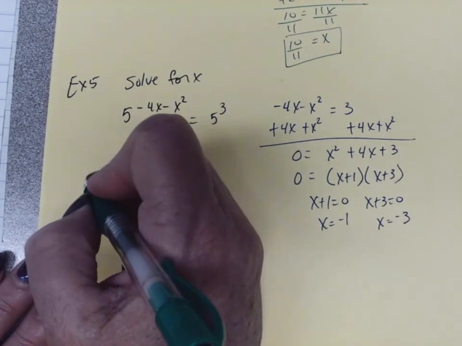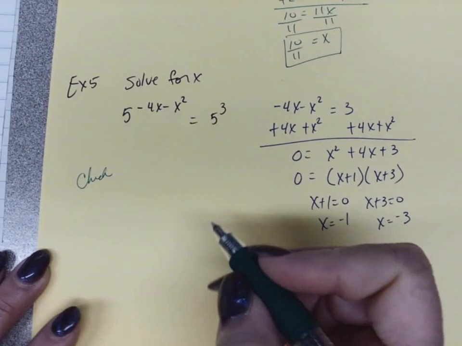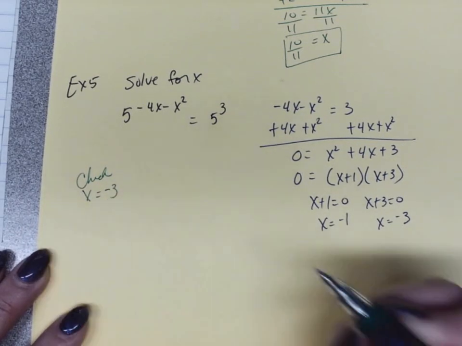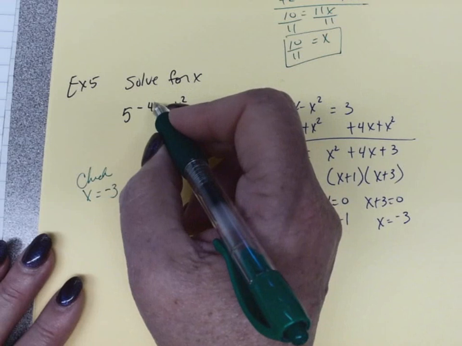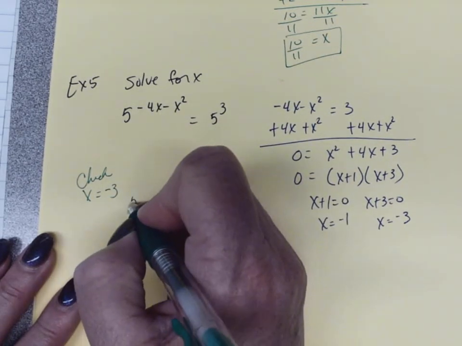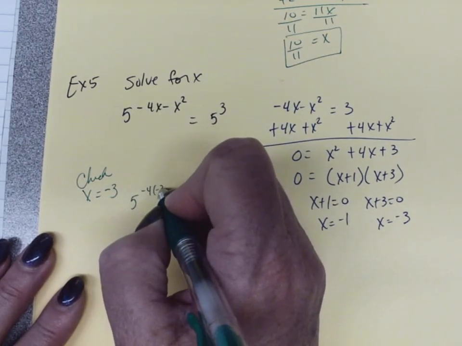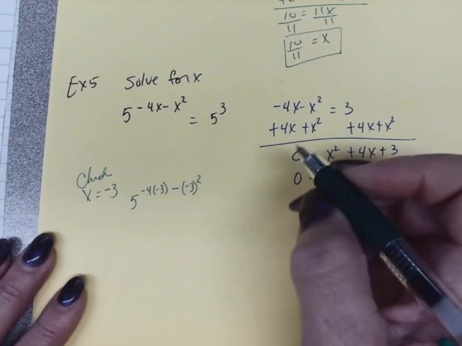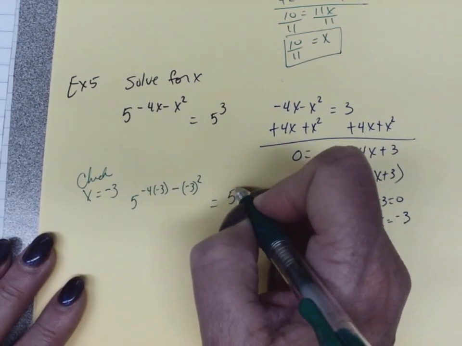into our function. So first I'm going to check x equals negative 3. Doesn't matter which one you check first. So I'm going to get 5 to the negative 4 times negative 3 minus negative 3 squared equals 5 to the third.